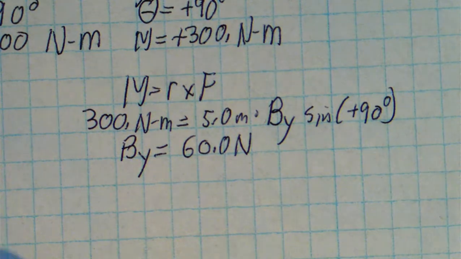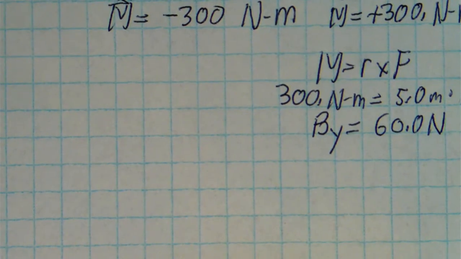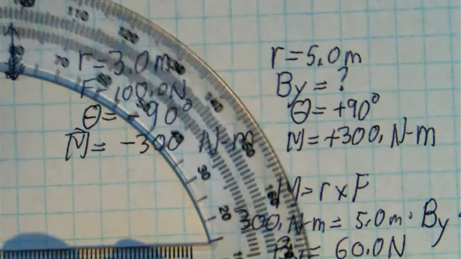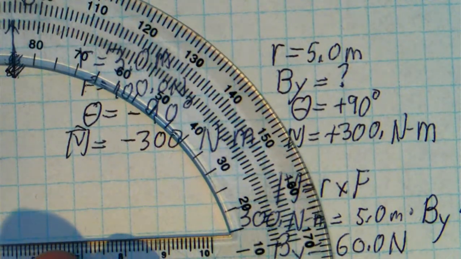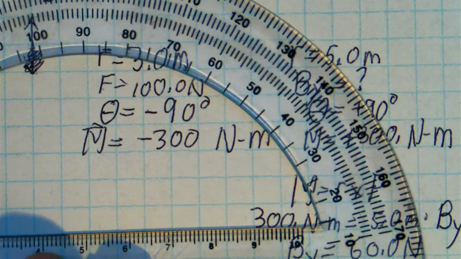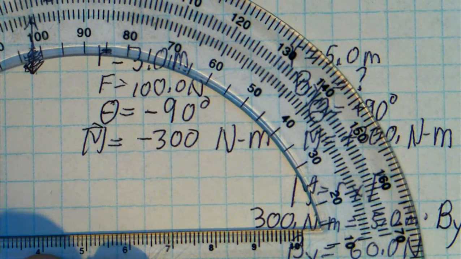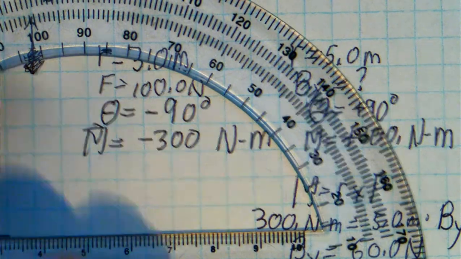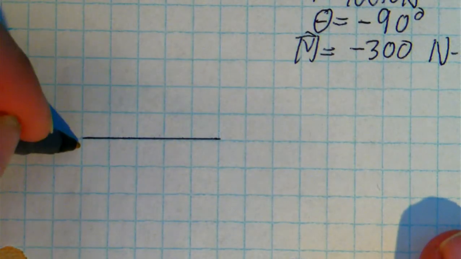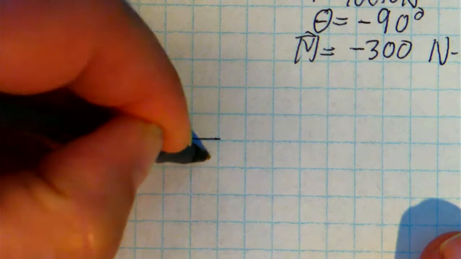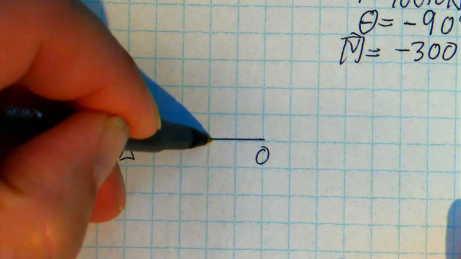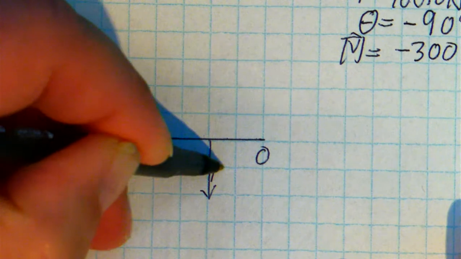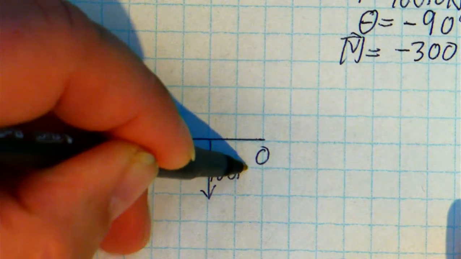Okay, so let me redo my drawing. My skills are so bad, I'm going to use a straight edge. 1, 2, 3, 4, 5 meters again. Here's the pivot. Here's the roller. Here's my 100 Newton load.